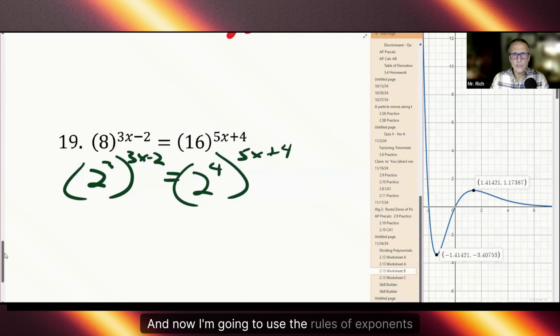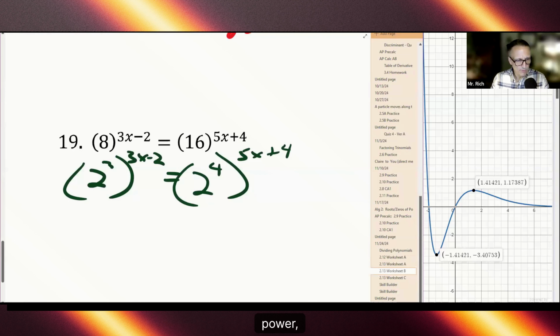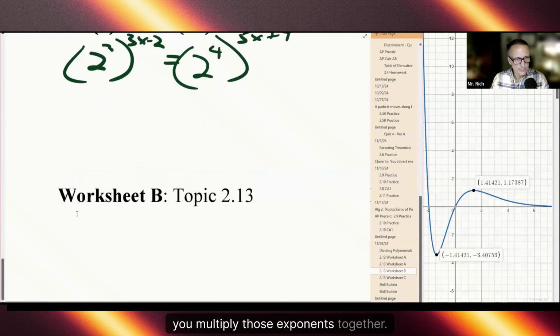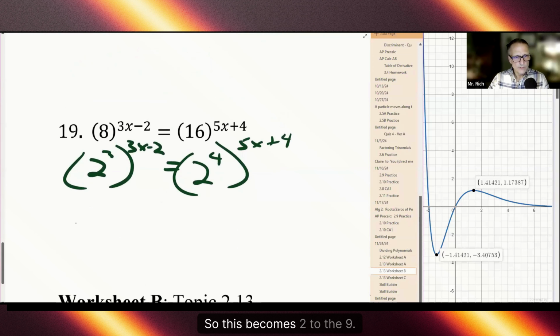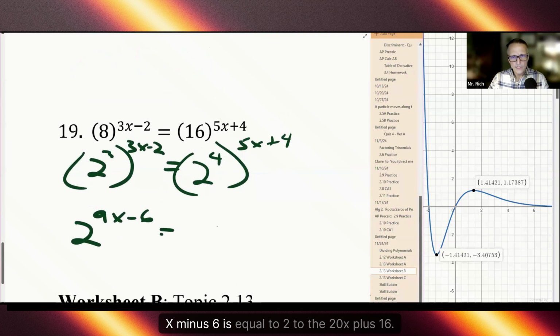And now I'm going to use the rule of exponents that says that when you raise a power to another power, you multiply those exponents together. So this becomes 2 to the 9x minus 6 is equal to 2 to the 20x plus 16.